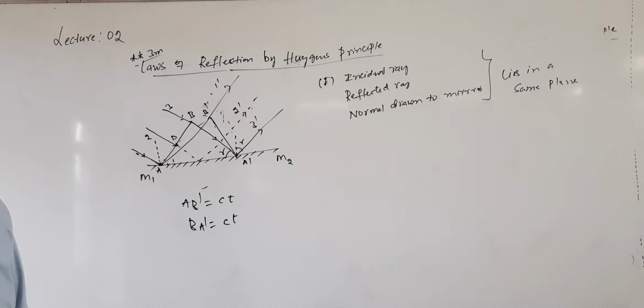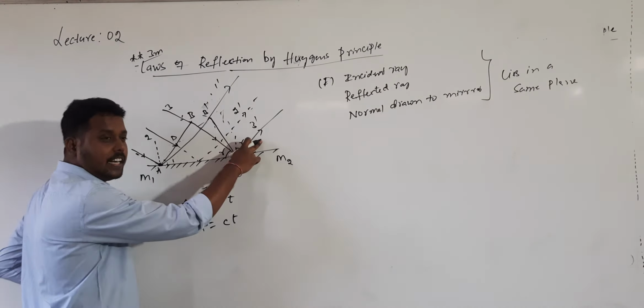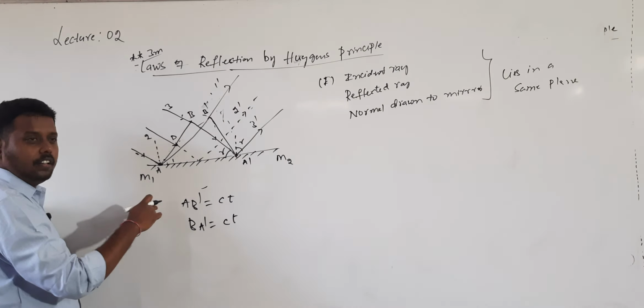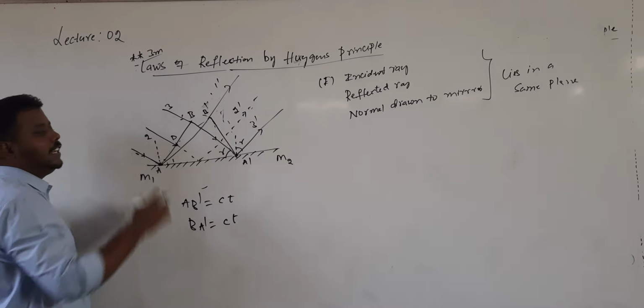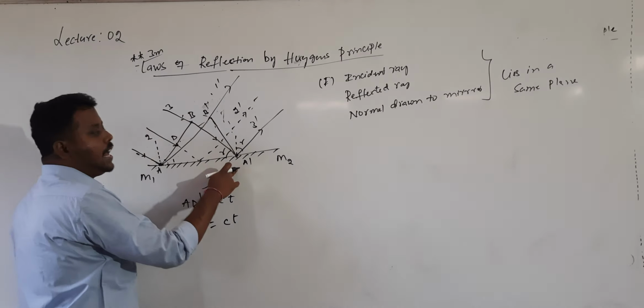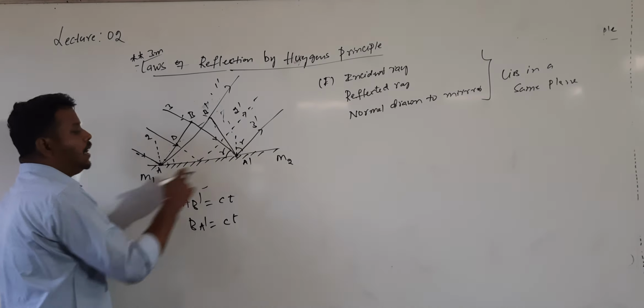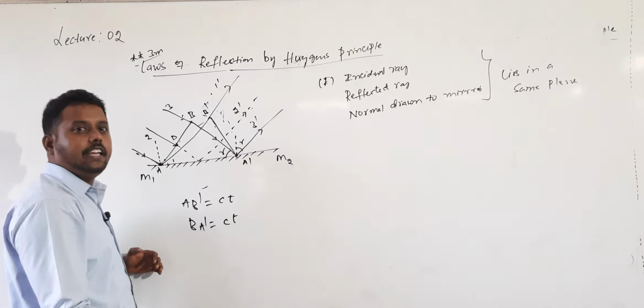Now this is the incident ray, this is one of the reflected rays, and this is the normal. As per Huygens principle, the incident wavefront AB, the reflected wavefront A dash B dash, and the mirror M1 M2 lie in the same plane.